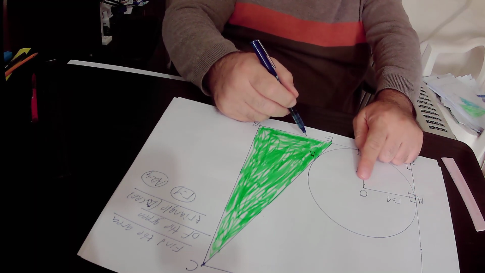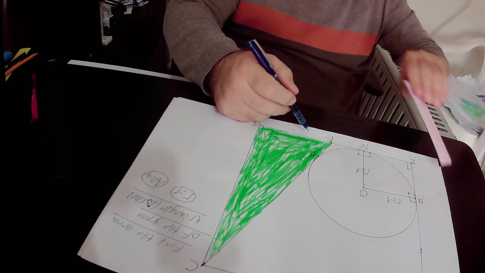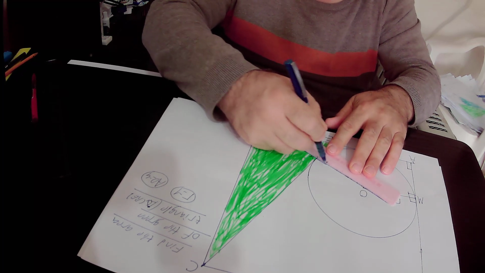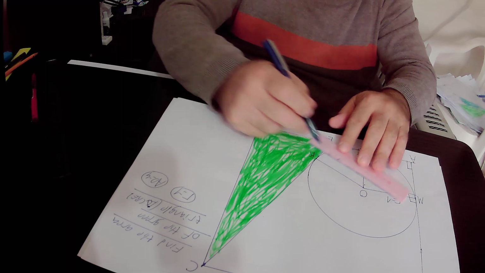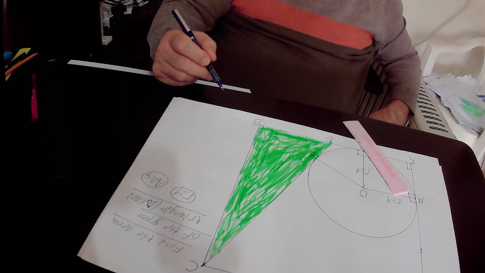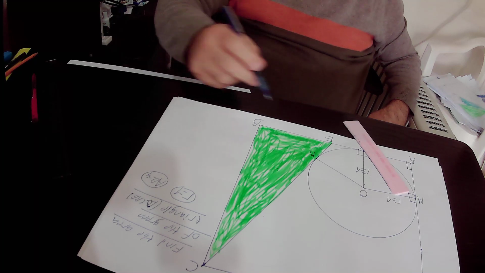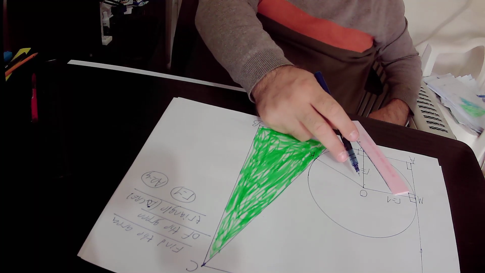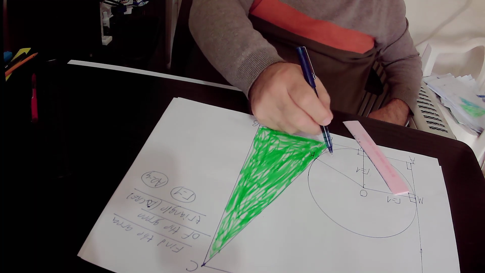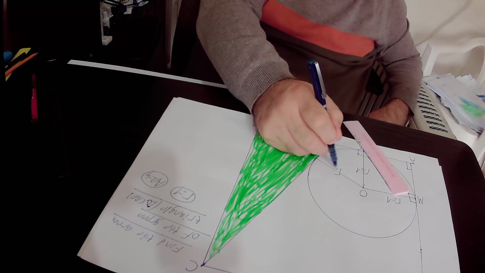Then we will join points O and K by a straight line. Actually this line segment OK is also the radius of this circle, because line segment OK starts from point O, the center of the circle, and ends at point K, a point on the circle itself. Therefore OK is the radius of this circle that equals 1 unit.